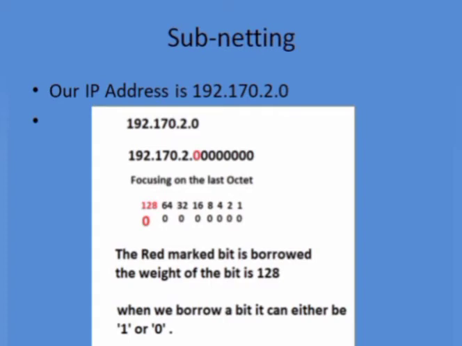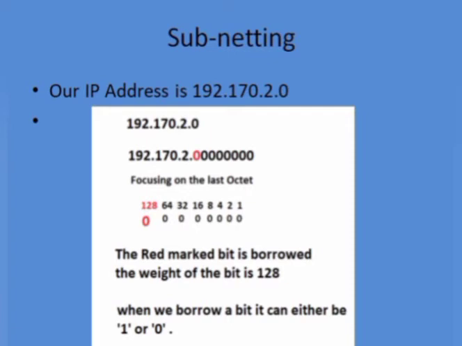The red bit is indicated, and we are borrowing this bit. Now it has become a part of the network. The value of the bit is 128. This bit has two possibilities: either it will be 1 or 0.